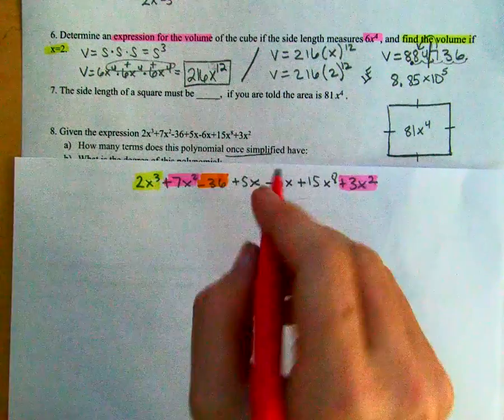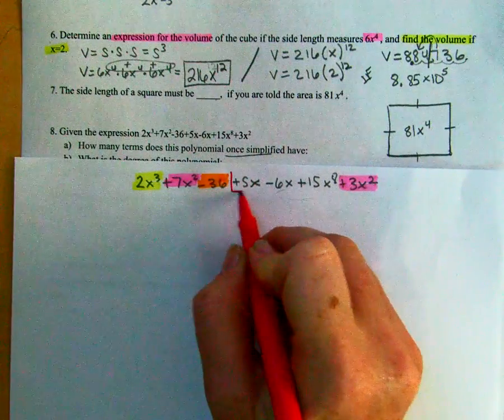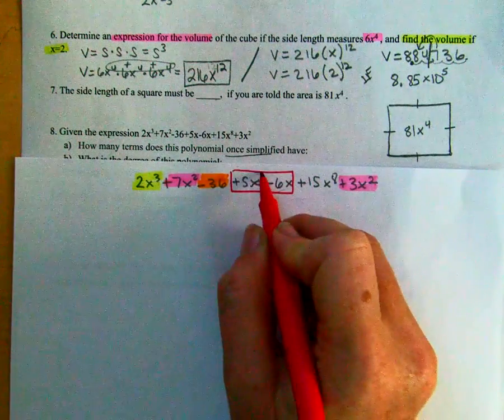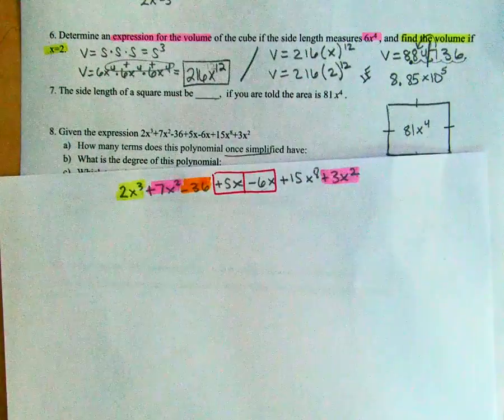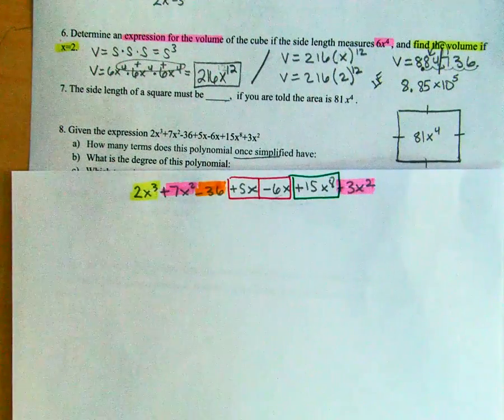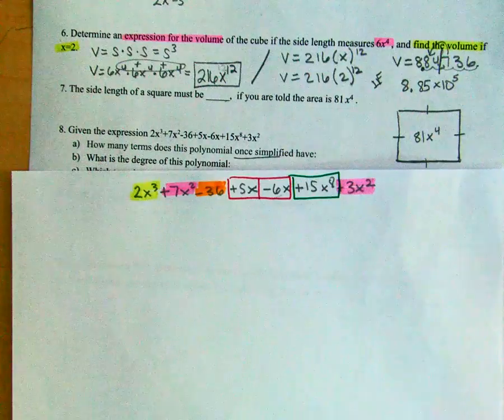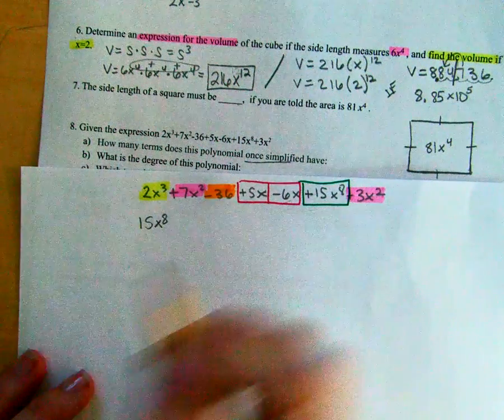Now I have to go to markers because I'm out of colors here. Plus 5x minus 6x, these two are going to end up going together. And then 15x to the 8th, he's going to be all by himself because there's no other x to the 8ths. So 15x to the 8th is going to go first because it has the largest exponent.